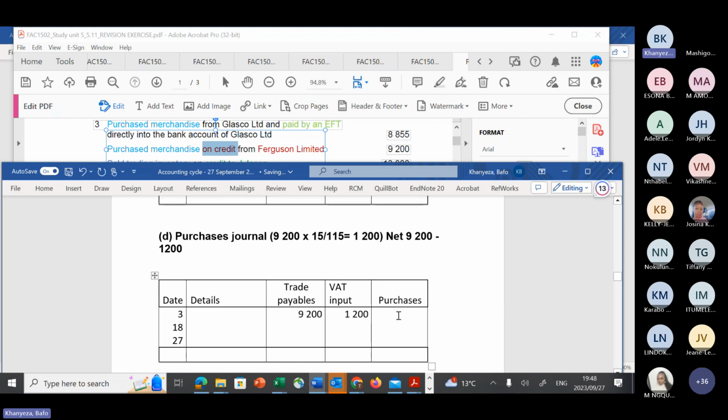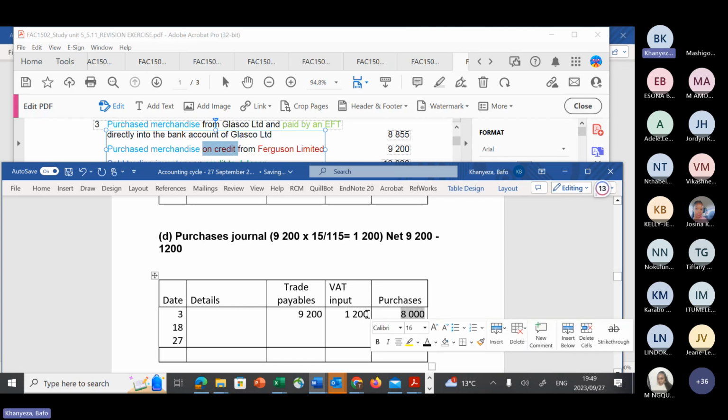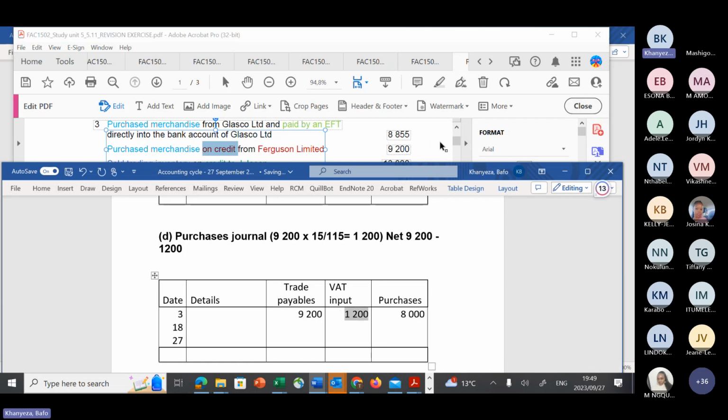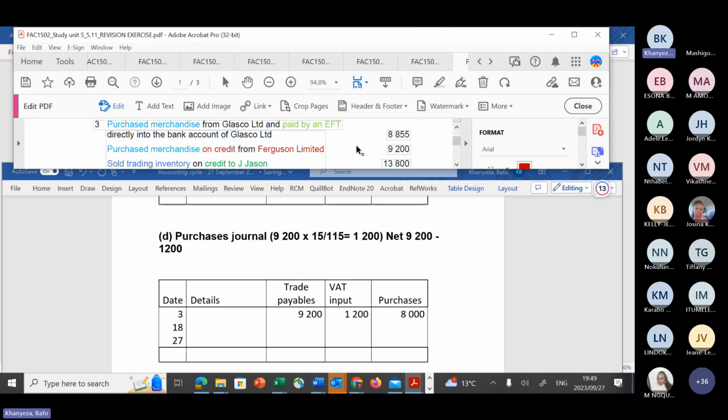So it means the purchases account is going to be 8,000. So why is this split? This is the actual cost to the company because the company is still going to recover this 1,200. Then you are still on this 9,200. So we are summarizing this transaction.